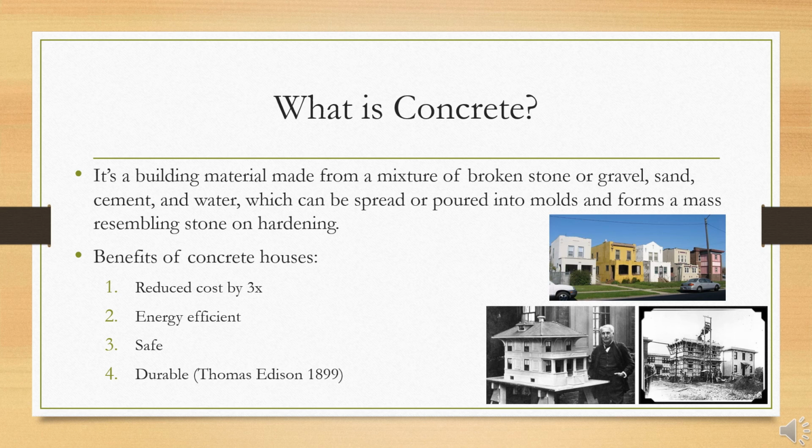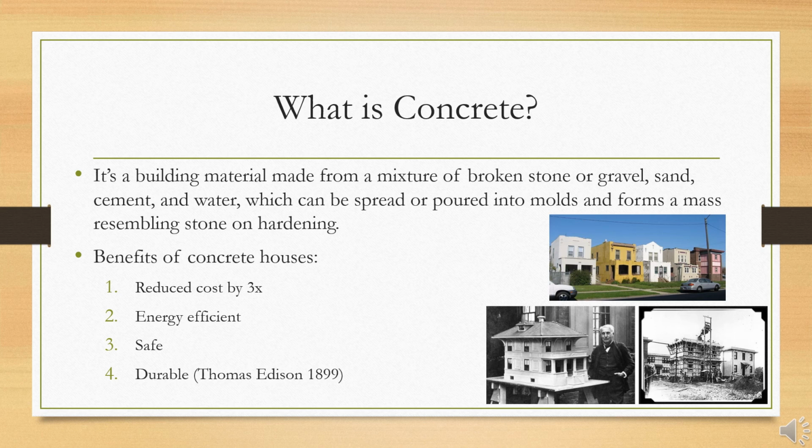There are a couple of benefits of concrete houses. First and foremost is the reduced cost of a typical house, and how energy efficient it is when we talk about heat transfer through and out of this material. And third is how safe it is when it comes to the strength of the material withstanding natural disasters.